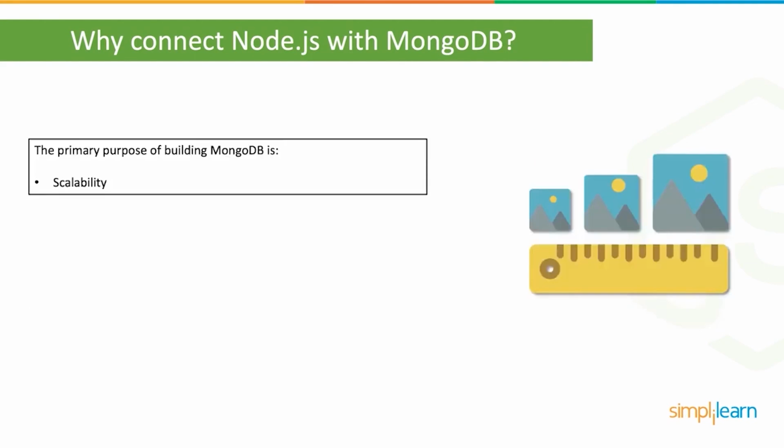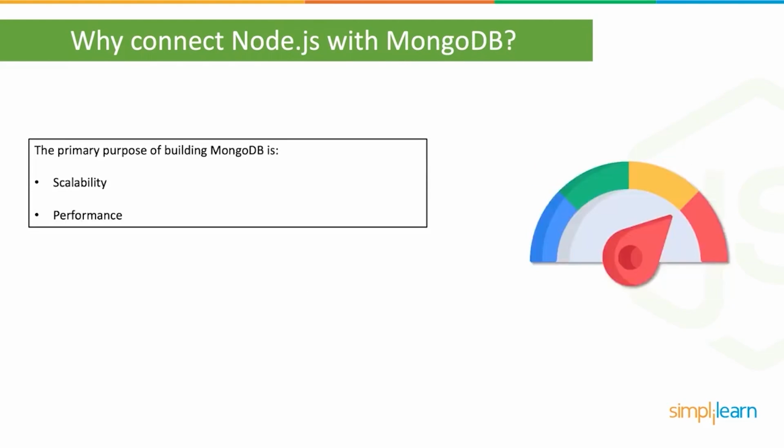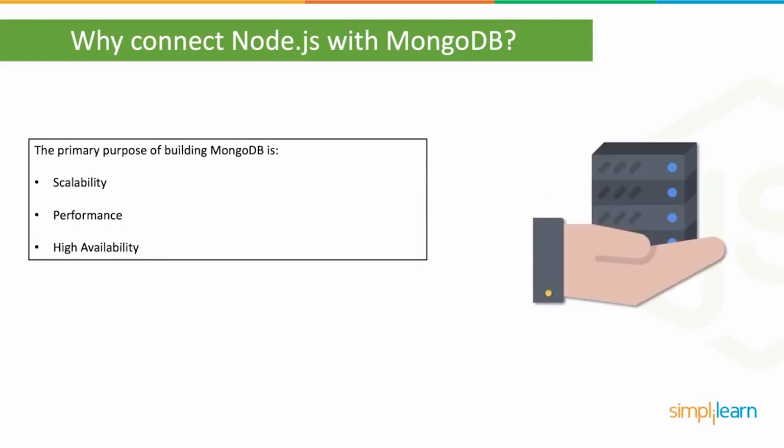For MongoDB, probably the most important feature is scalability. The performance of the database is phenomenal, and it is extremely highly available for the solutions that you'll be creating. So when you push your solution to the cloud, you can almost guarantee it's always going to be running.